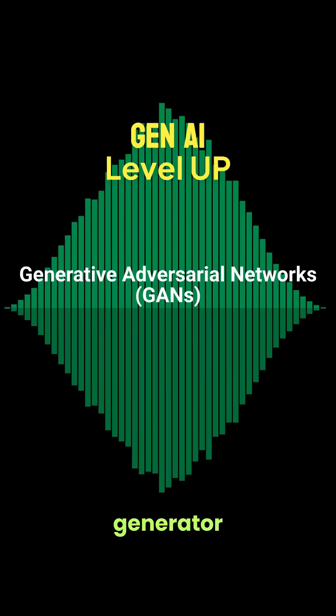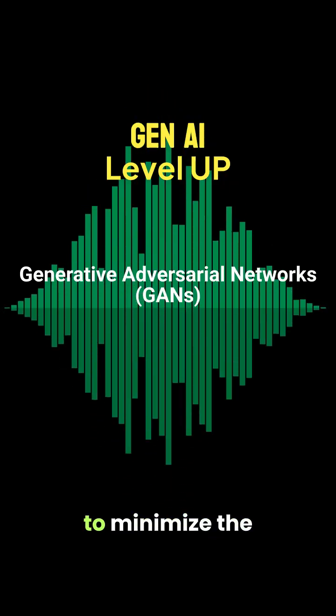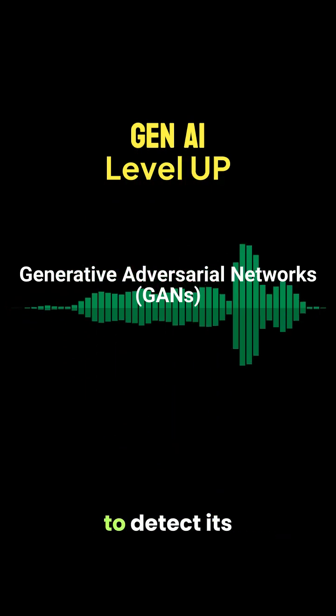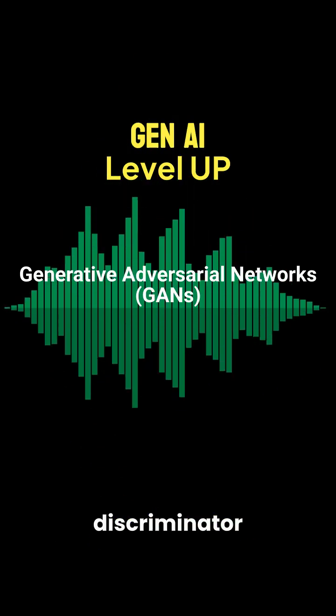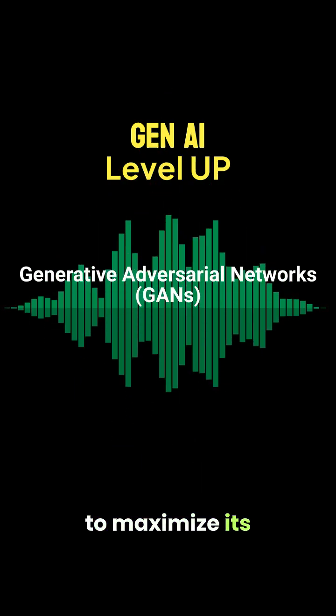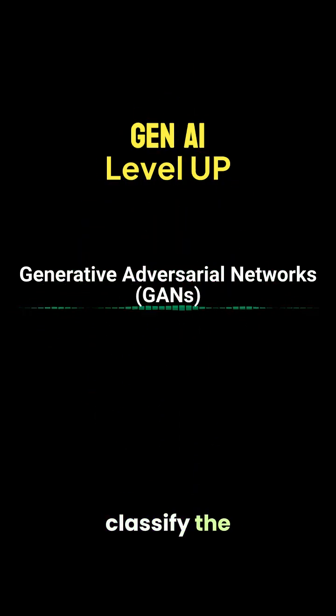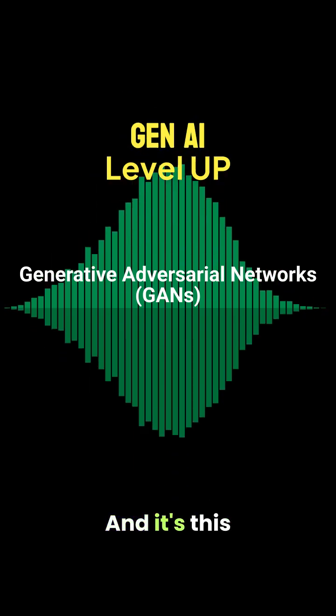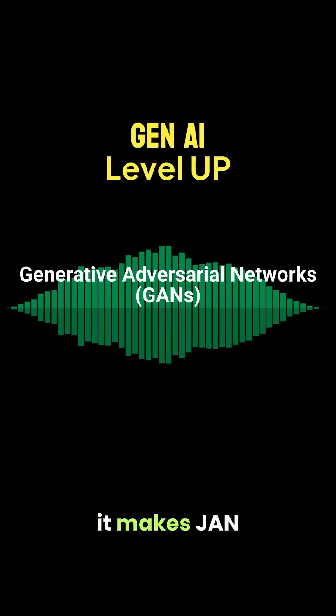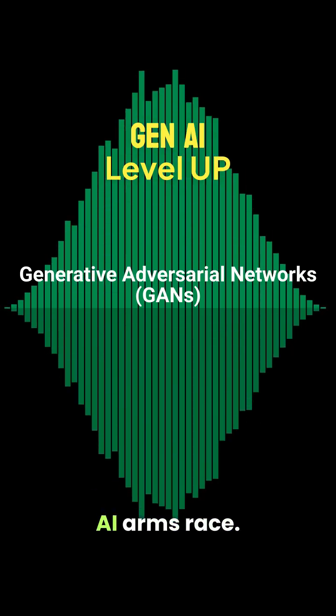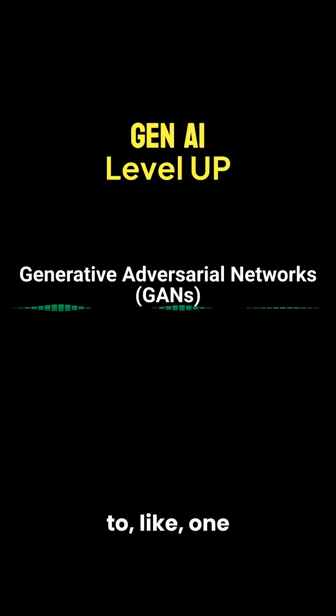So in this case, the generator, G, is trying to minimize the discriminator's ability to detect its fakes. Exactly. While the discriminator, D, is trying to maximize its ability to correctly classify the real and fake data. Exactly. And it's this push and pull that just makes GANs so powerful. It's like an AI arms race. They're constantly trying to one-up each other. Exactly. You can think of it that way.